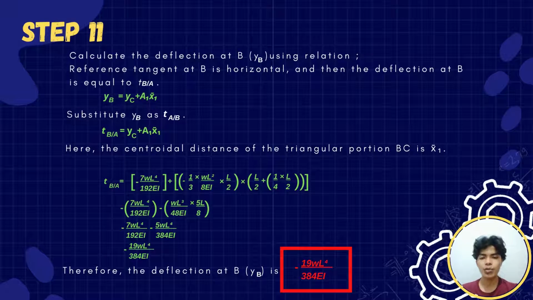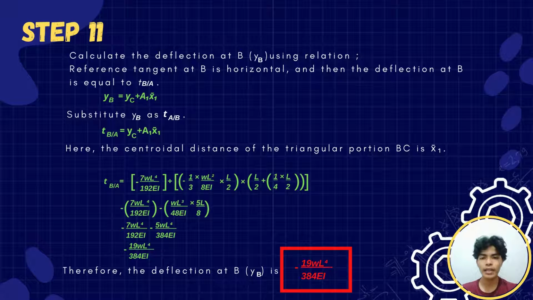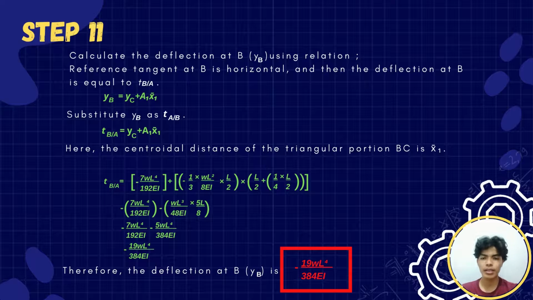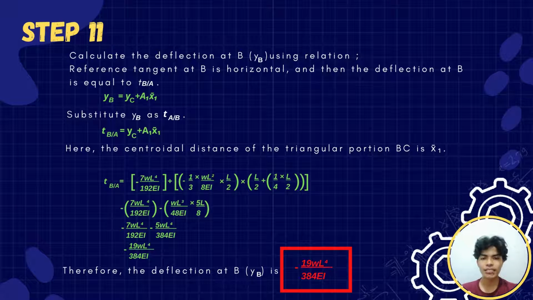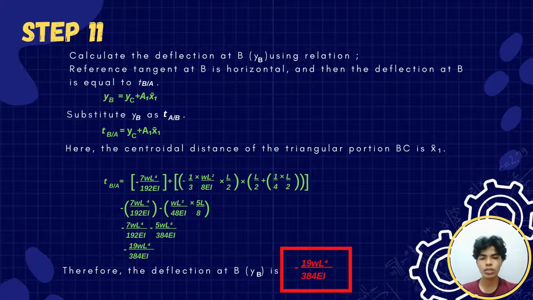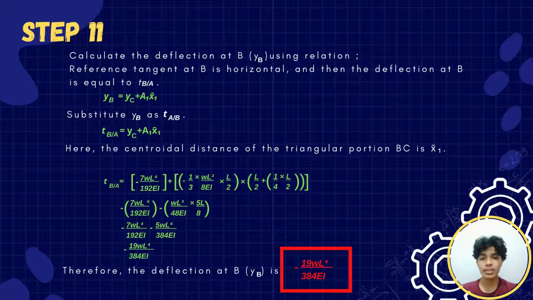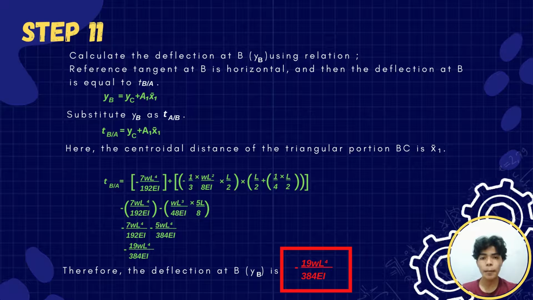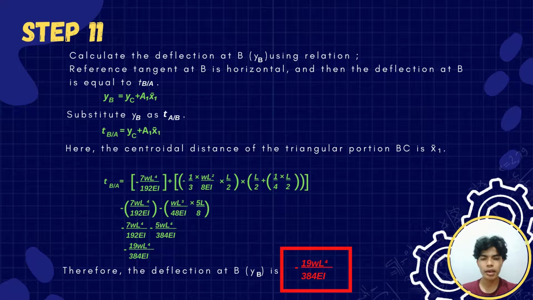In the same manner, we can calculate the deflection using the same relation, but our YB here is equal to YC plus A1 x1 bar. Then, substitute the YB as the deviation of A with respect to the tangent at B. Now, that gives us YC plus A1 x1 bar.